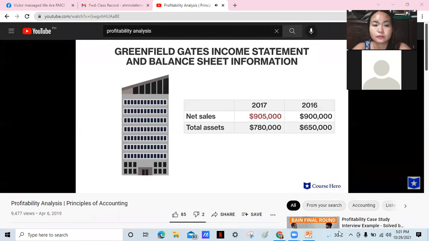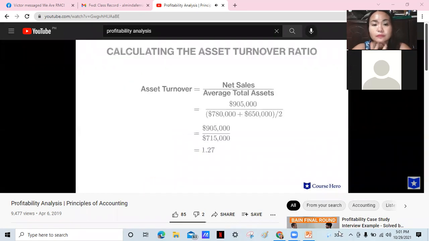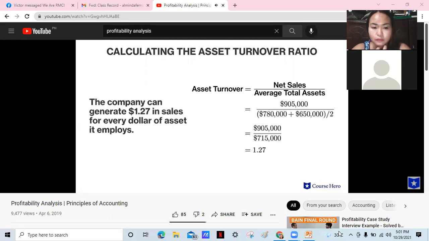Its total assets were $650,000 in 2016 and $780,000 in 2017. The asset turnover ratio would be $905,000 divided by the average of $650,000 and $780,000. The result, 1.27, indicates that the company can generate $1.27 in sales for every dollar of asset it employs.